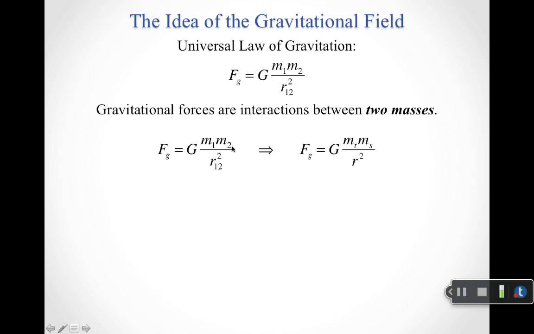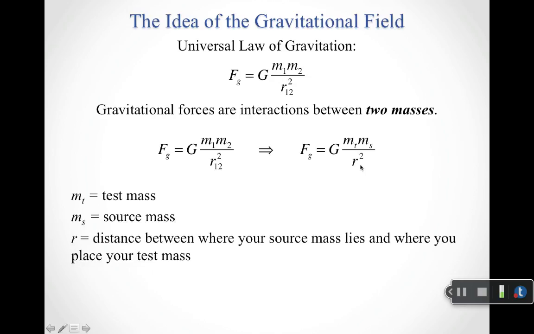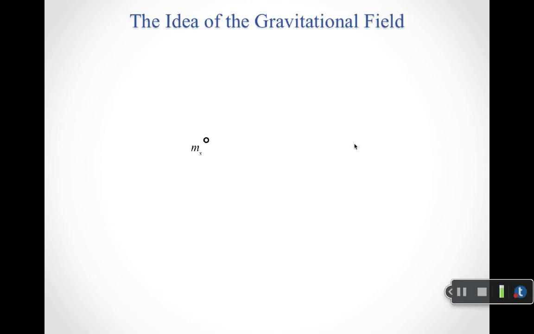So instead of calling one m1 and the other m2, and the distance between them r1,2, we're going to relabel them. One we're going to call the test mass, the other one we're going to call the source mass, and then r is just going to be the distance between where the source mass lies and where you place the test mass. So we're going to relabel our two masses, and we'll see why in a second.